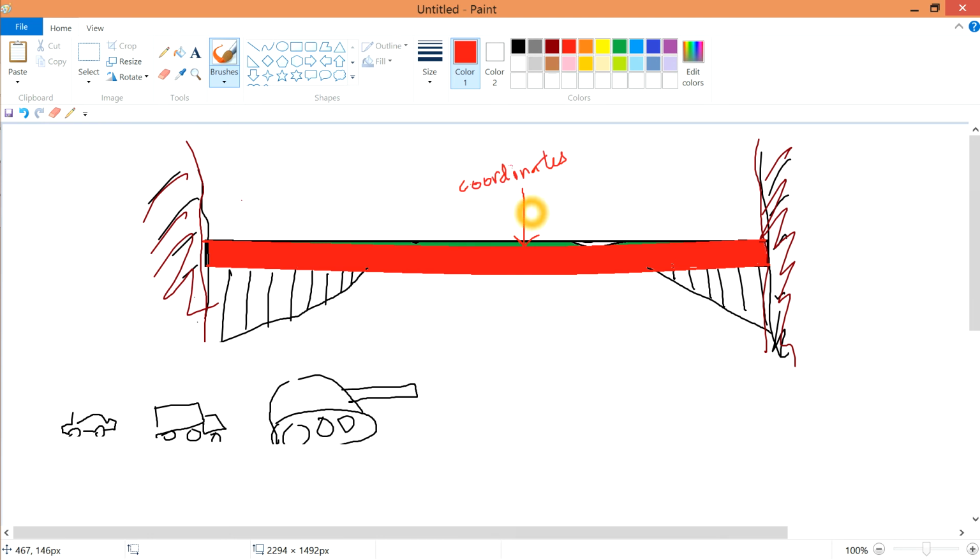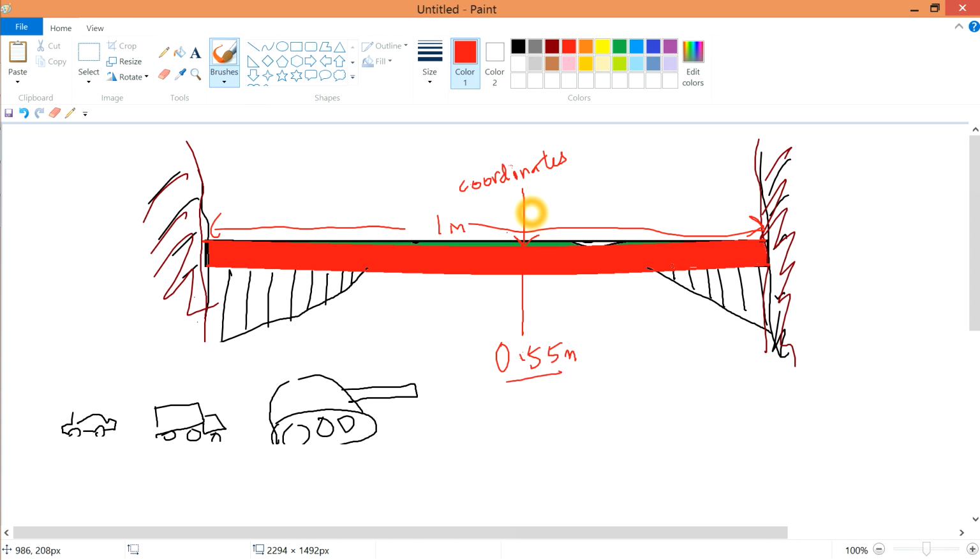If your bridge is maybe 1 meter, then at least you would know that this is perhaps 0.55 meter at the greatest deflection. The greatest deflection may occur at somewhere around 0.55 meter.